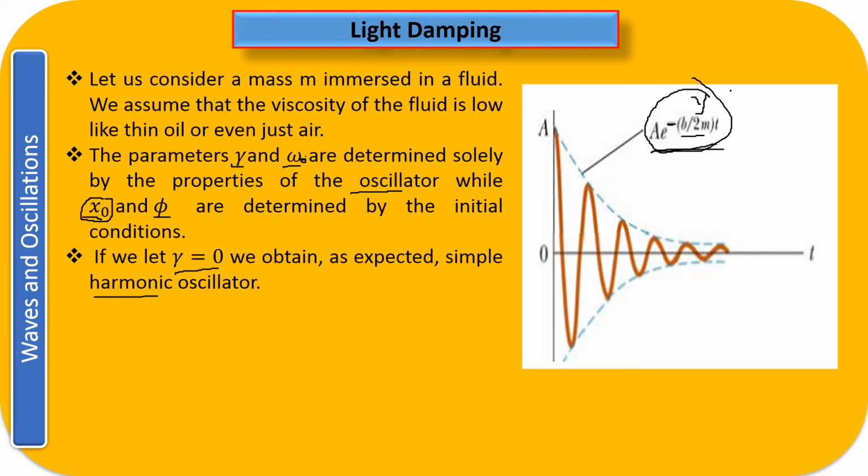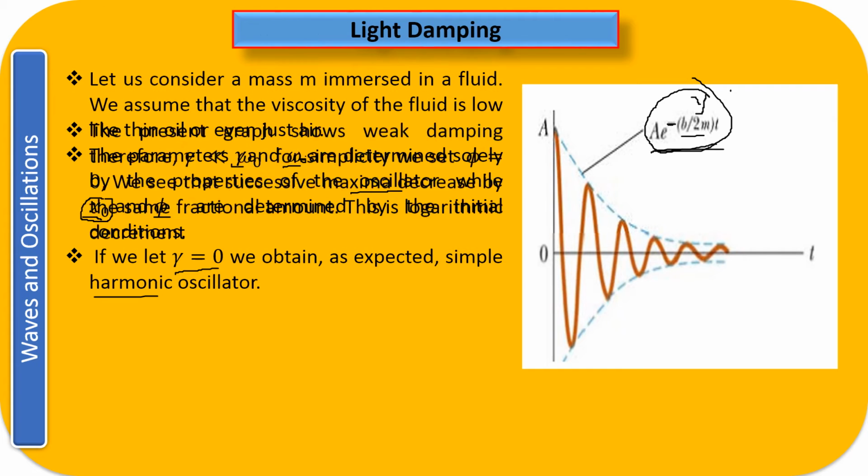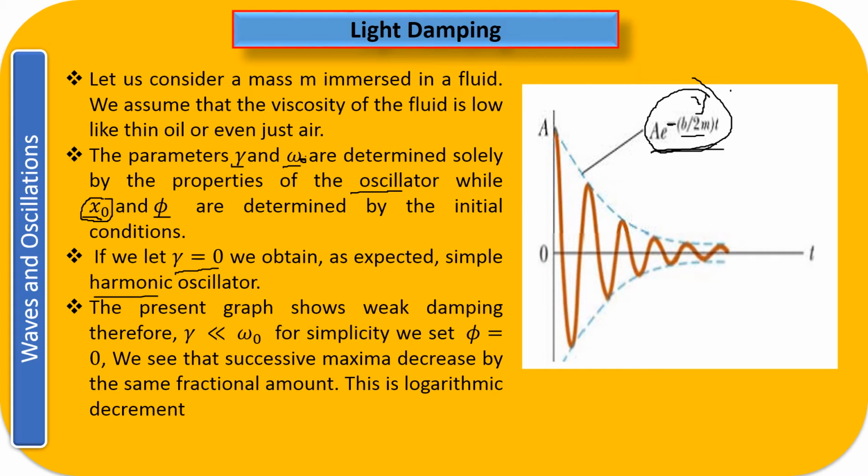So this type of oscillation we will see only when we have a medium with a very small value of the resistive force. So the present graph shows weak damping, therefore gamma is very much less than omega naught, right?